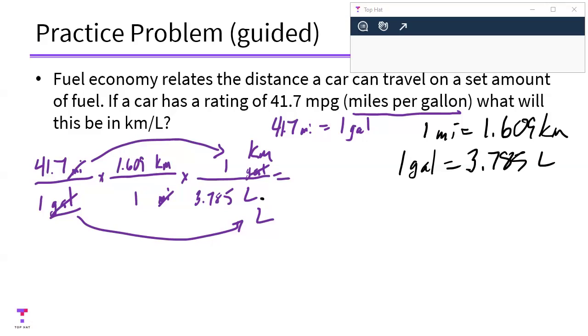I could have used all of them if I wanted to. Really, I just wanted to make sure that I used enough of those digits that it didn't limit my original measure. So 3 sig figs in the end here is 17.7 kilometers per liter. That would be my fuel efficiency in metric units.